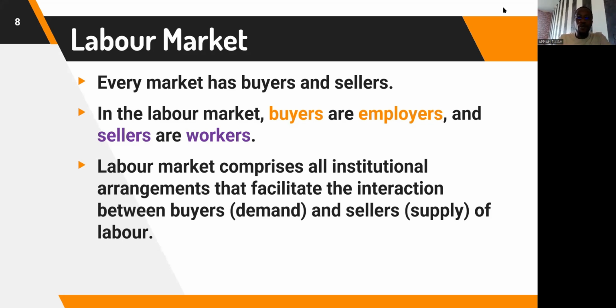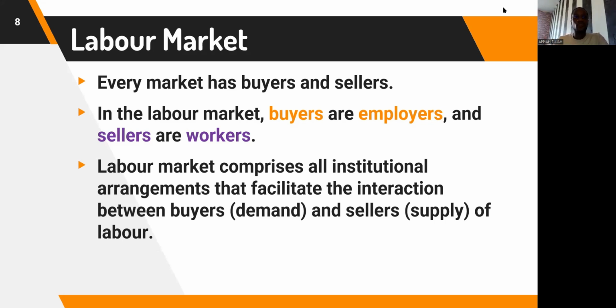So when we talk about all institutional arrangements, we can think of, for instance, in Kumasi, where Mahama built that big market center. I don't know what they call it, but he built a very big market center, I've forgotten where it is actually, but it is there. So that is also an institutional arrangement, like the facility or the structure itself, the building itself.